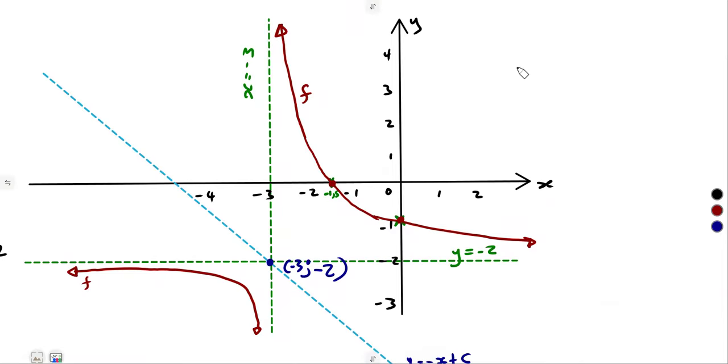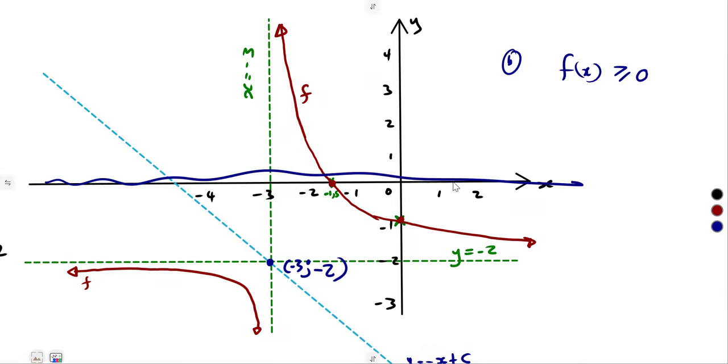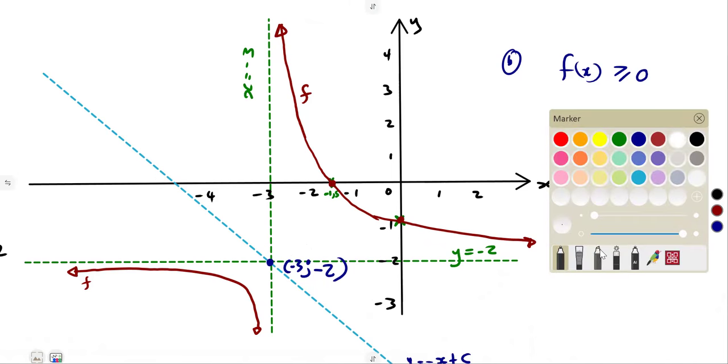This is the meaning. So that's the B part there. When they say f of x is greater than or equal to 0, this is y is equal to 0, the x-axis. You compare it from that y is equal to 0 in the x-axis. So greater than or equal to 0 is something that is found above the x-axis.